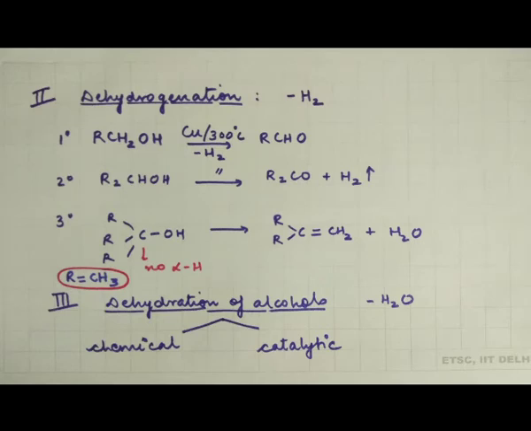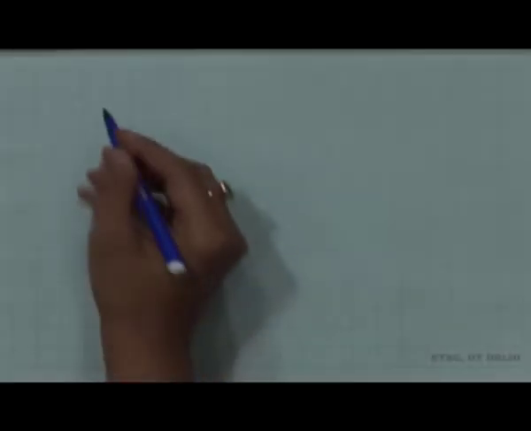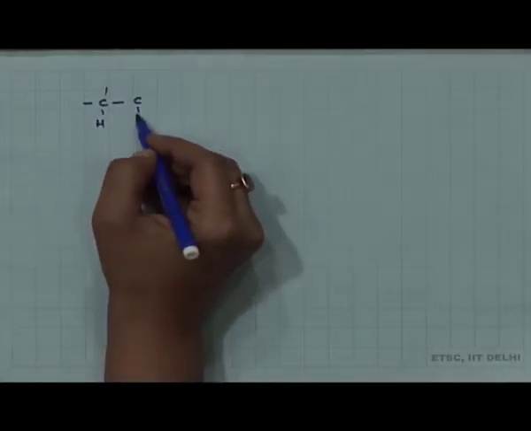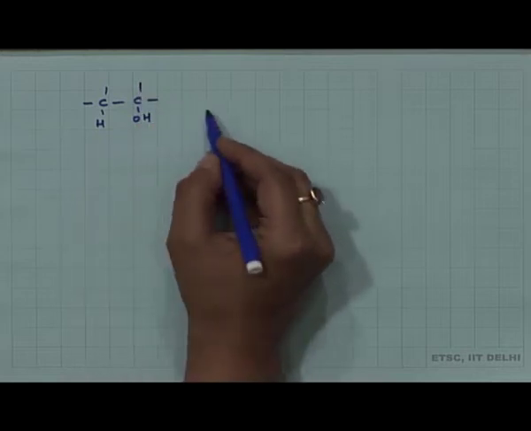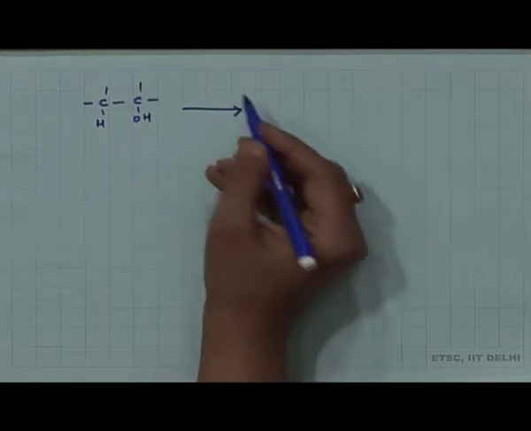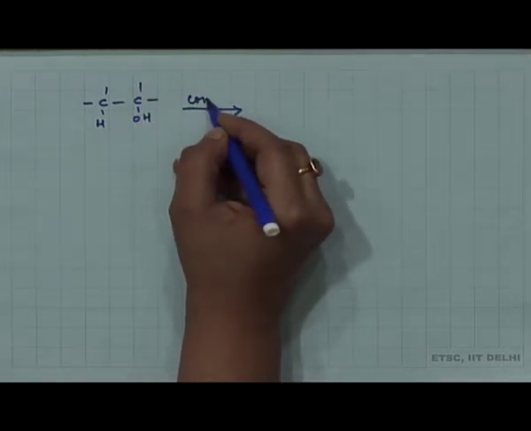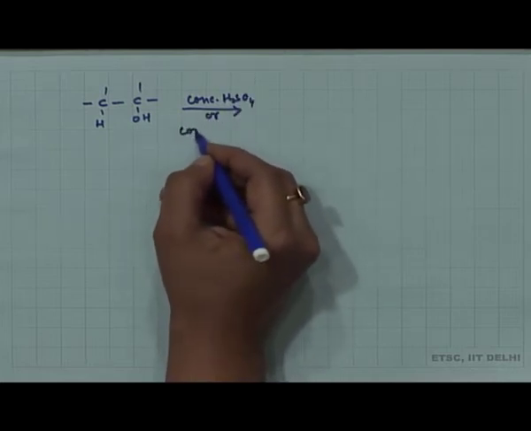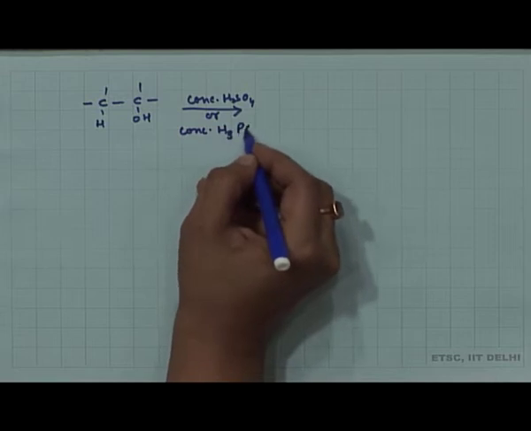In the chemical methods for dehydration, you start with the alcohol and you carry out the dehydration in the presence of concentrated H2SO4 or concentrated phosphoric acid.